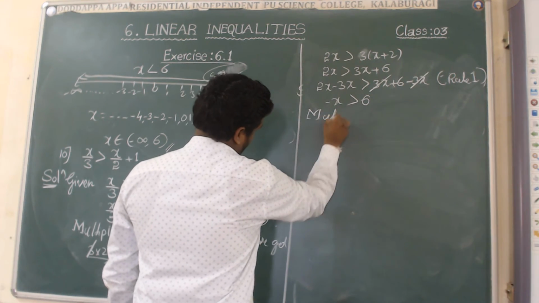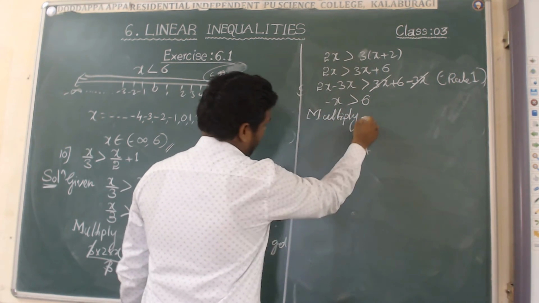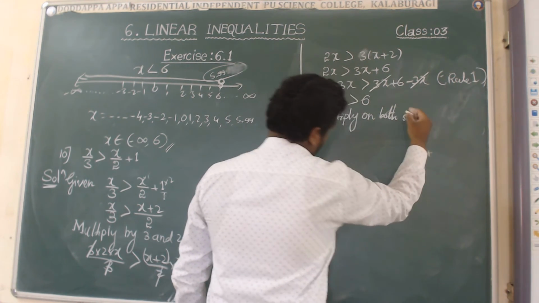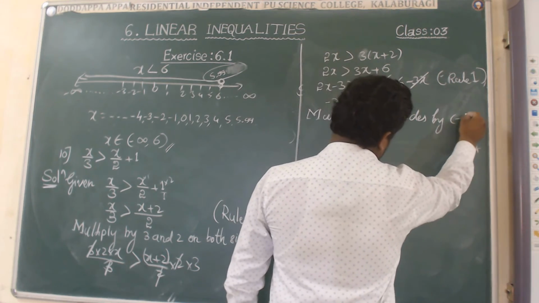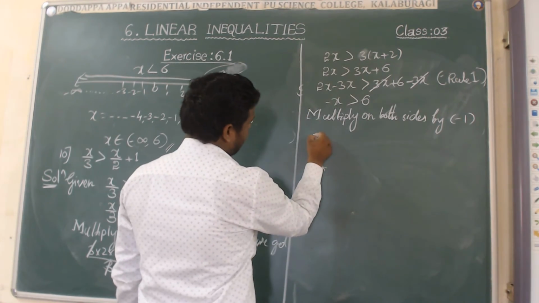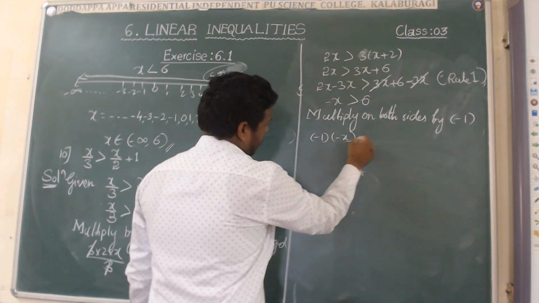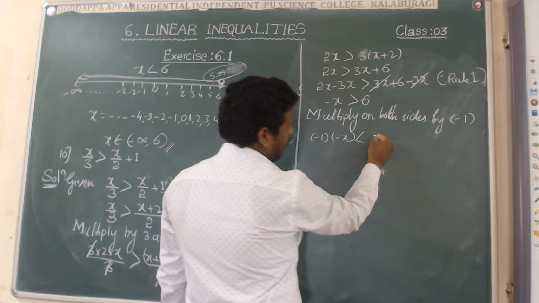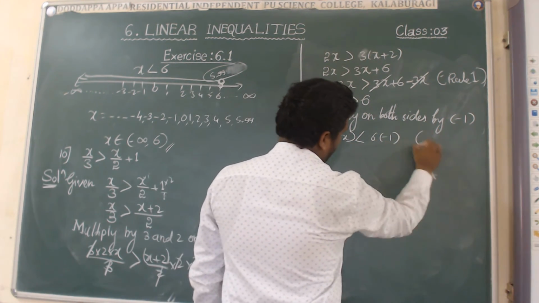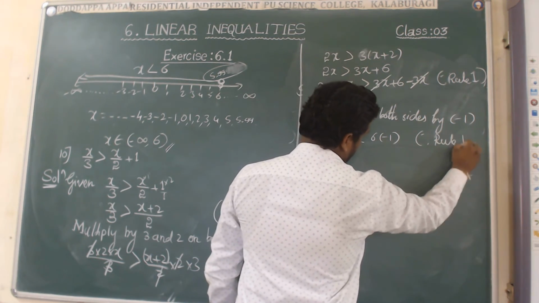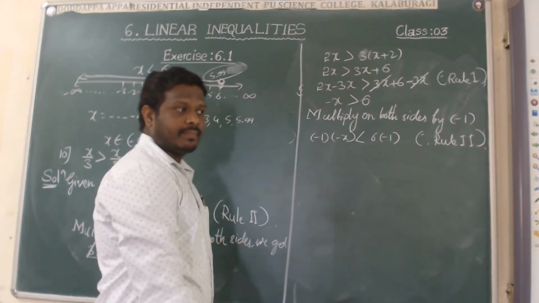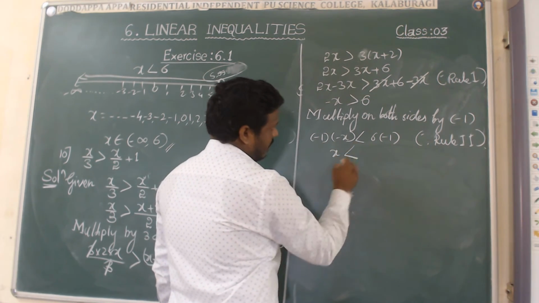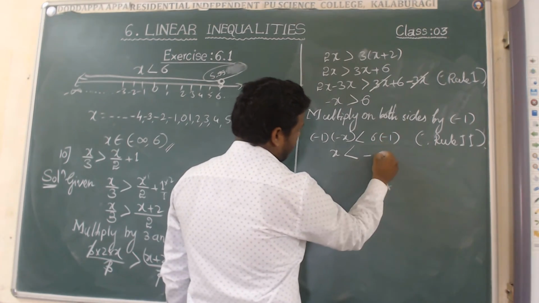Multiplying on both sides by minus 1, we get minus 1 into minus x, and the sign is reversed. Okay, now simplify: minus into minus is plus 1 into x, x. And plus into minus, minus 6 into 1, is minus 6.